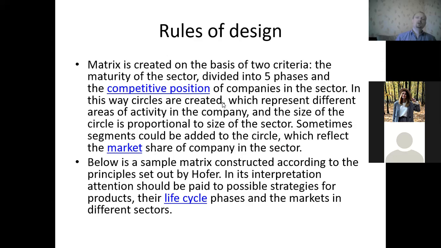I'm stressing one more time, I will repeat my words which were told when I delivered lectures connected with the BCG matrix and General Electric matrix. So these matrices, and also the Hofer matrix, should be built only for a diversified company.